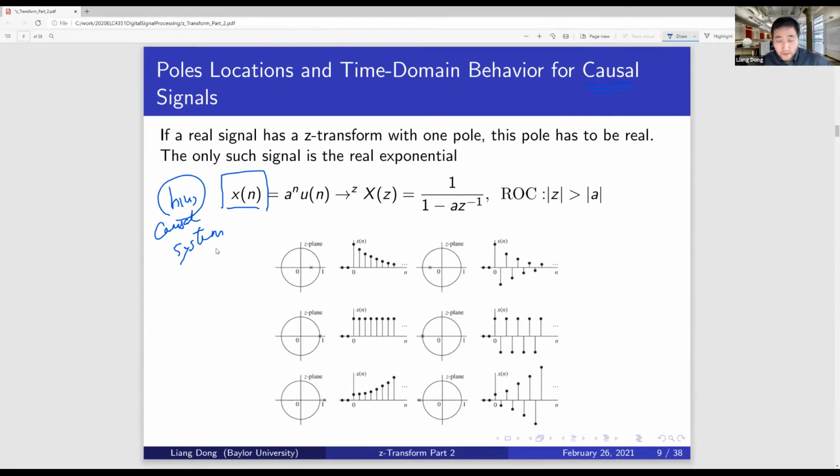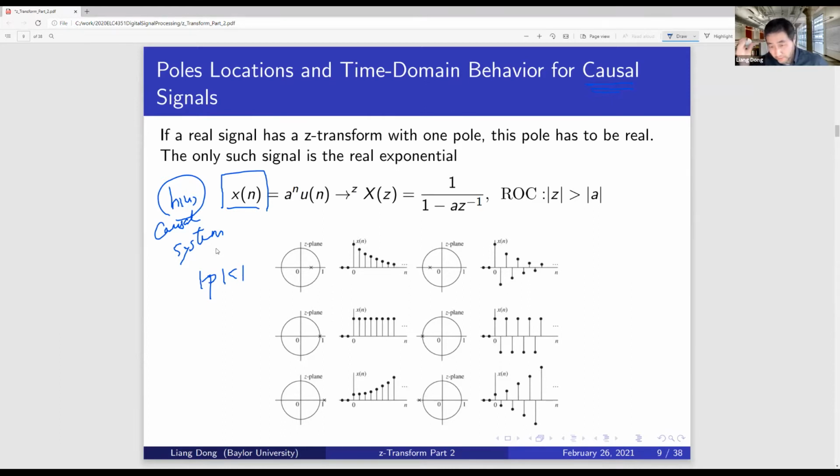Okay. So last time we looked at if it's a causal signal, we have a pole within the unit circle. Within the unit circle, meaning that I have a pole here, less than 1, then my signal will diminish. Eventually it goes to 0. So if you sum all these together, it's absolutely summable. So my system is stable.